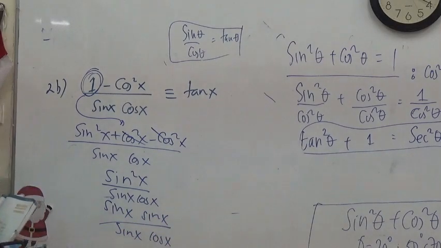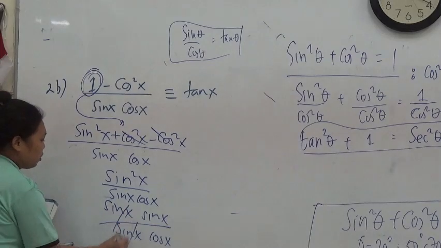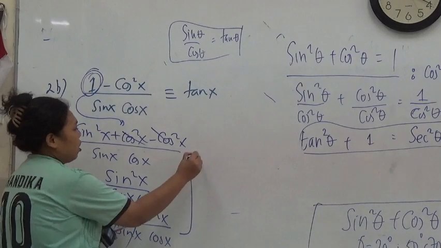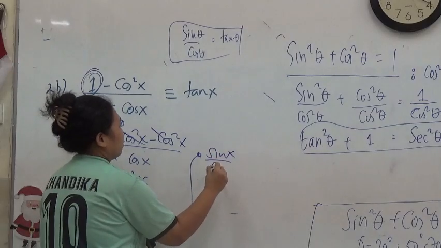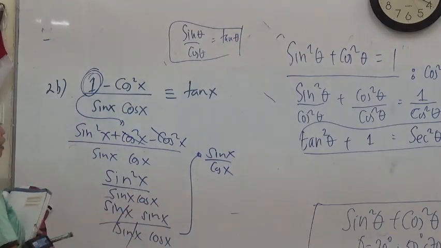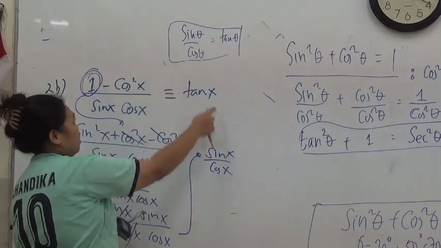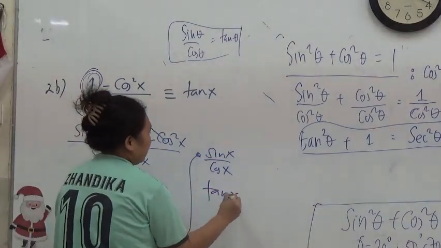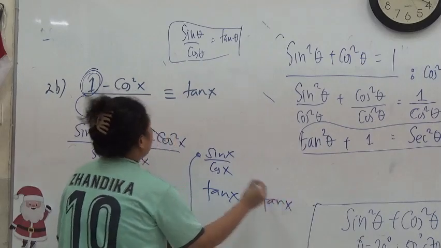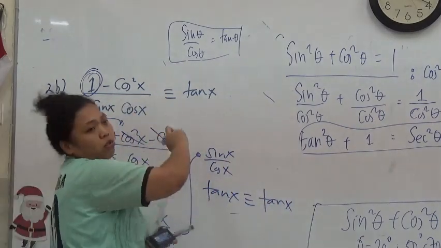Since it's a fraction, you can divide the same variable out, this one is gone already. So sin x over cos x is left, and when you see this fraction, it reminds you of something you already did, which is this one. This is the same, so it equals tangent x, and you have proven that this complex expression equals the simplest one here.